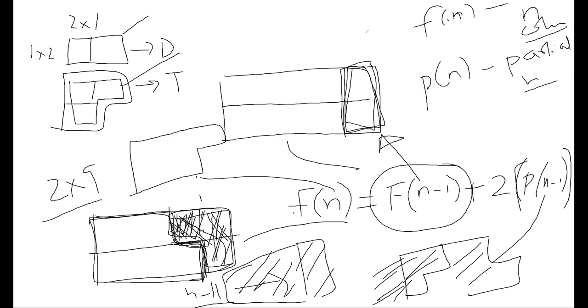Hey Puneet, quick question. When we were deriving the value of 2 cross 3, did we reach a total of 4 combinations just now? Because there were two cases on top when we were using the tile, the Domino.